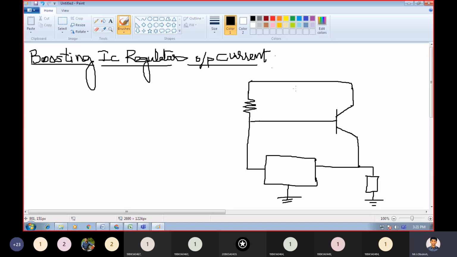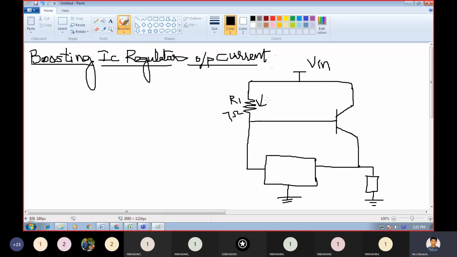You need to draw like this, and here you need to apply Vin. This is the resistor R1. Assume this resistor value is 7 ohms.